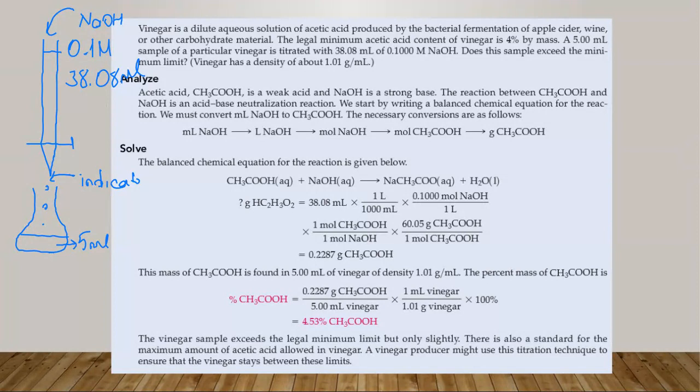First of all, they ask us here, does this sample exceed the minimum limit? The acetic acid content of vinegar should be 4%, and you have to know the vinegar's mass to find this.